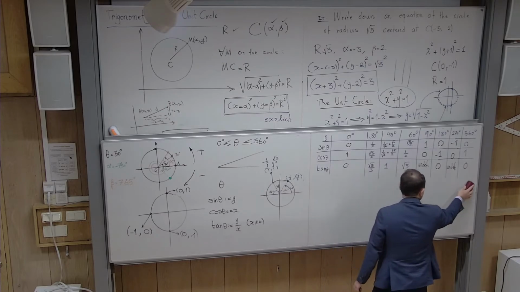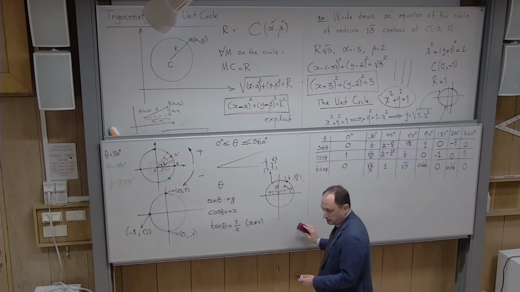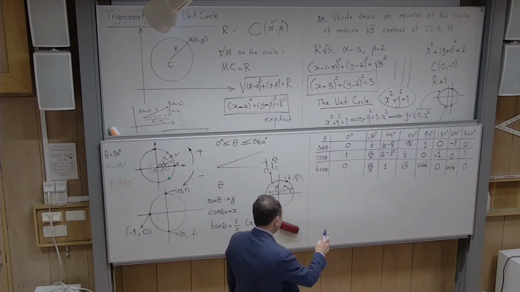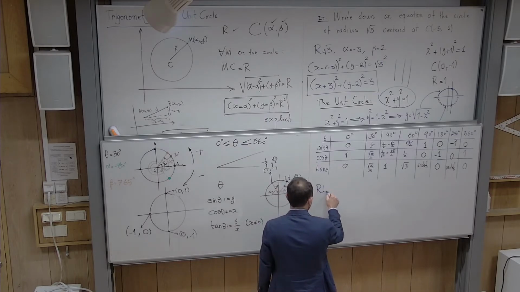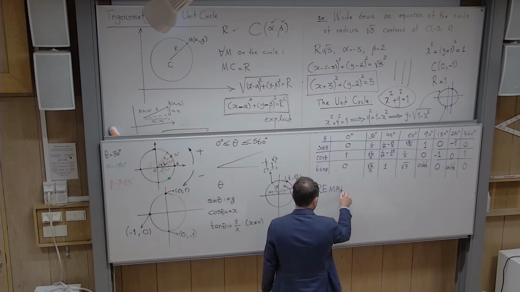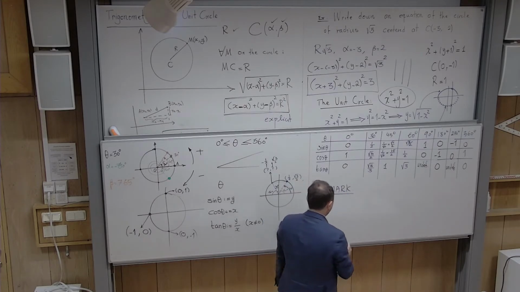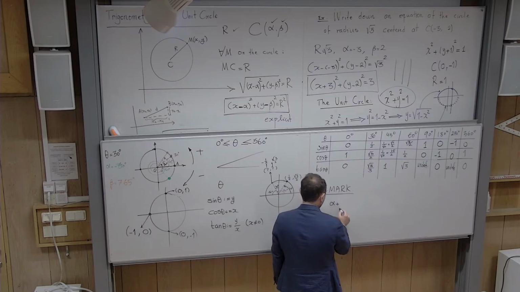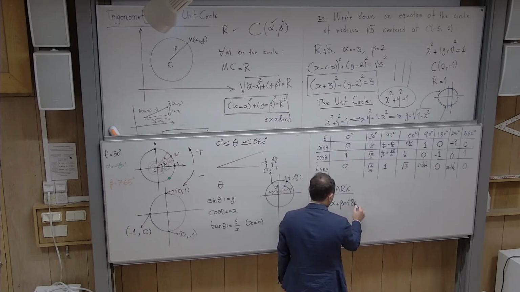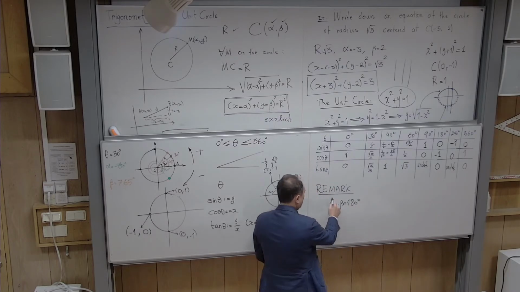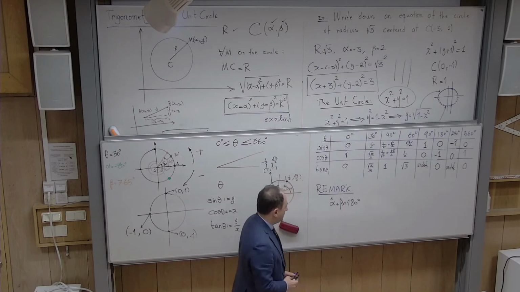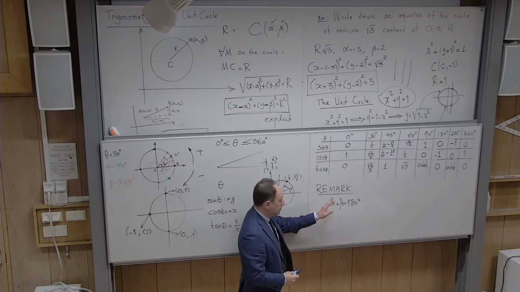So let me try to motivate. By the way, let me write the remark here. Okay, so if alpha plus beta is 180 degrees, and alpha and beta are trigonometric angles.